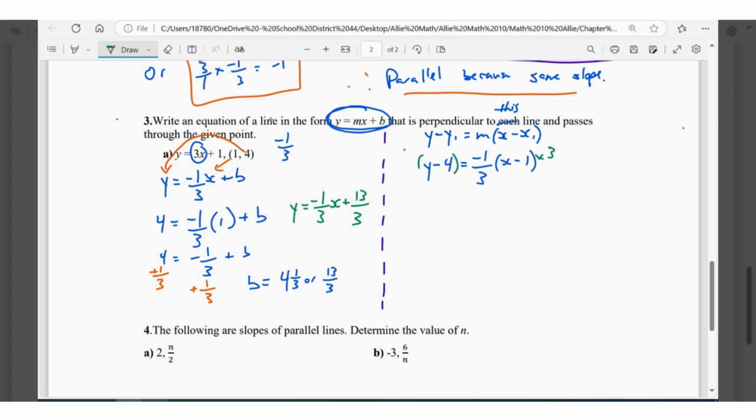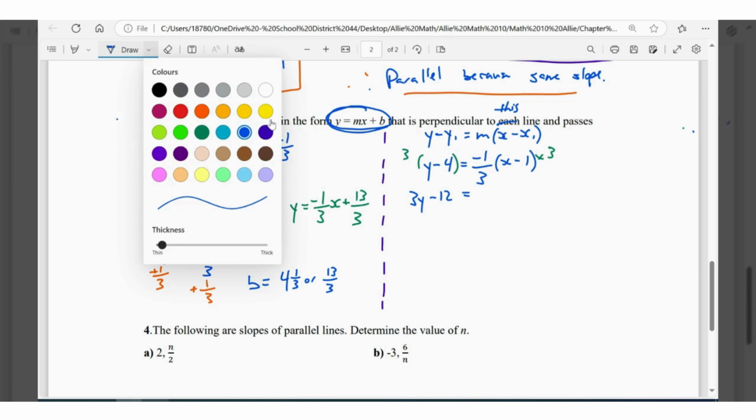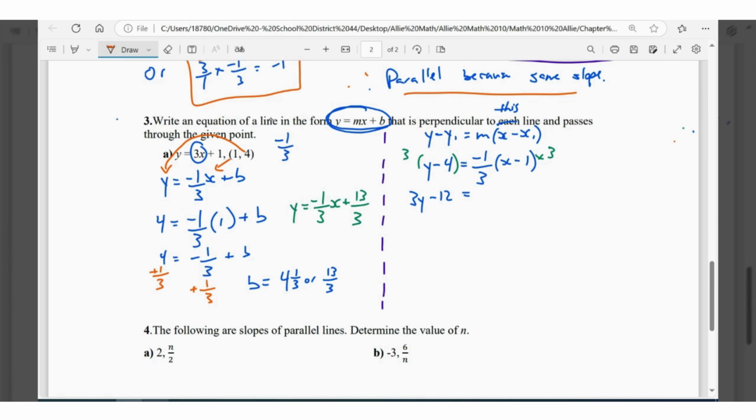This whole thing's going to be multiplied by 3. We get 3y subtract 12 equals, I'm going to distribute inside while we're at it, so -1 times x and -1 times -1. So we get -1x plus 1.